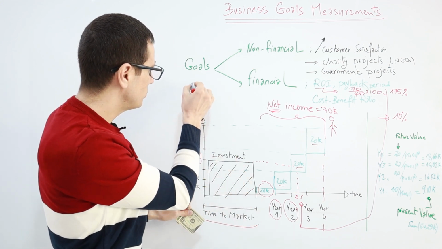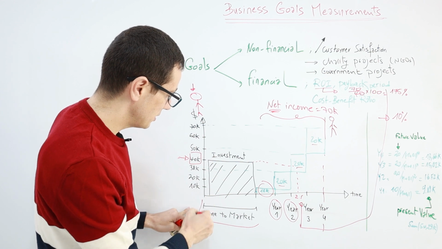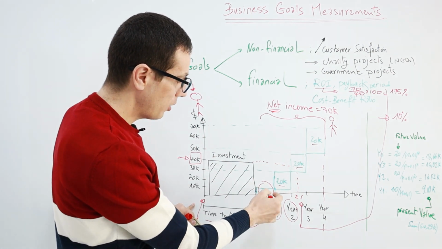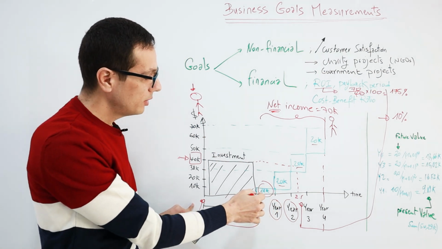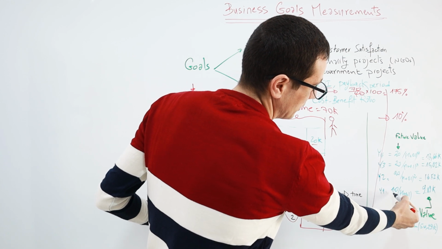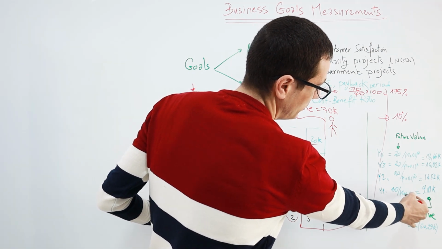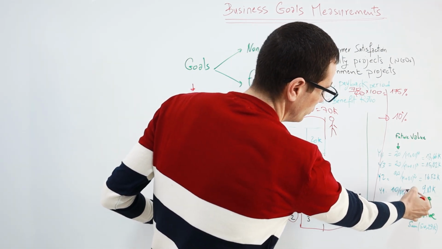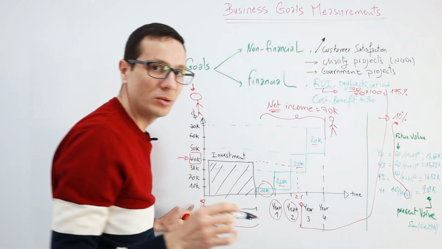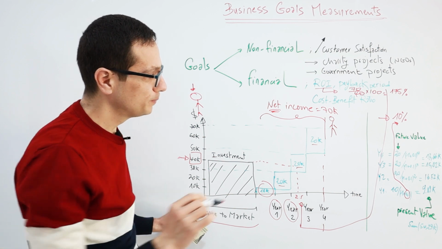We are saying that we are sitting here now, and we will try to imagine how much 10K is worth after 1 year. The formula is 10K divided by 1 plus 0.1, which is this inflation. 10% is 0.1.